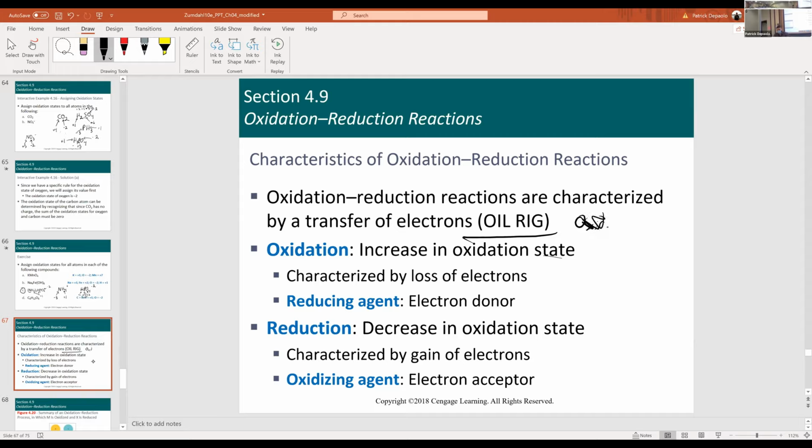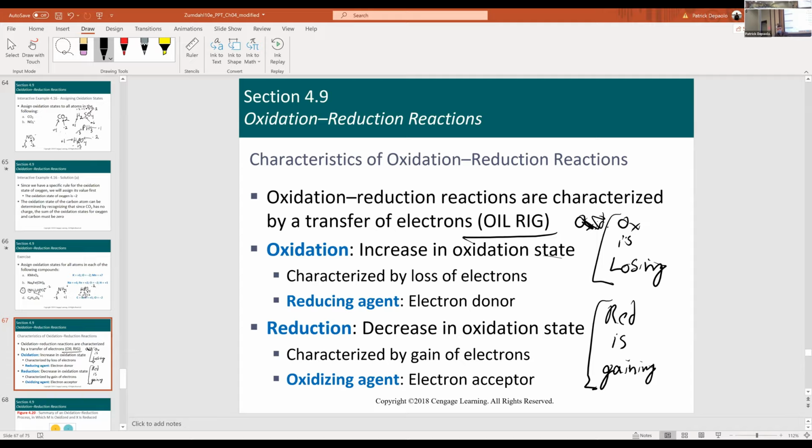Let's put ox is losing. And I'll put red. Reduction is gaining. So what do you guys think that it's gaining or losing? It says it right there. Electrons.